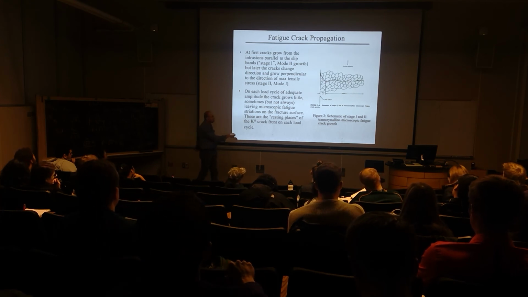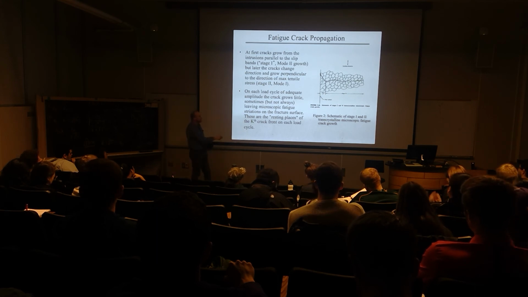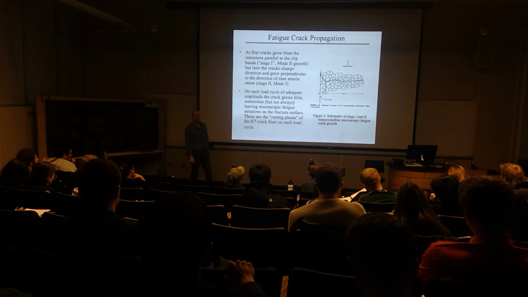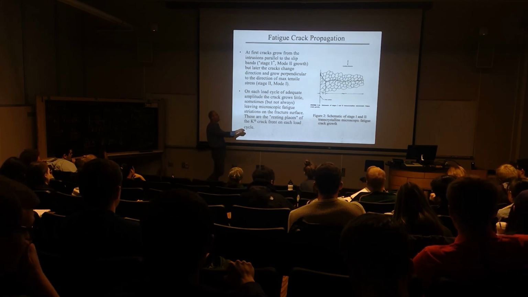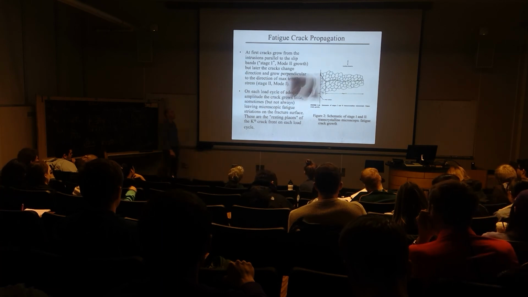That means growing perpendicular to the maximum opening mode direction, and then it continues to extend in that way. Okay? Most times we'll have cracks in structures, so we never see that. We can't see the initiation point by that transition, but that's a very common mechanism.